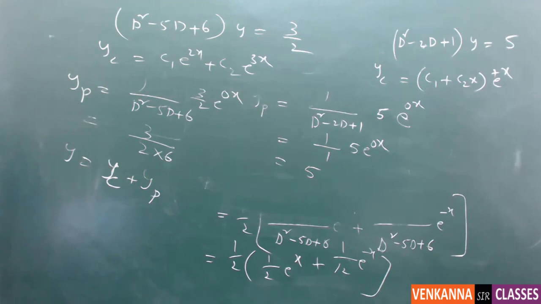Third, when cosh x and sinh x are there, we convert them in terms of e and solve. And fourth, when the number is a constant on the right hand side, we treat it as that number into e power 0x and substitute 0 in place of d. So these are the 4 modules that come when Q contains e power x as the function. Clear to all?